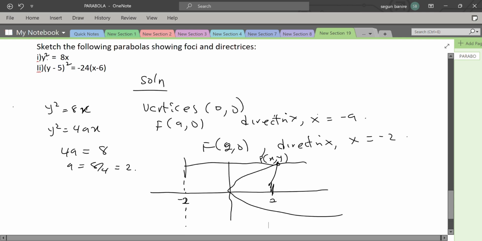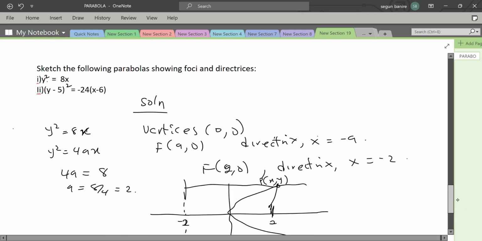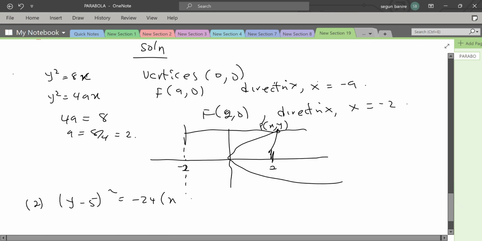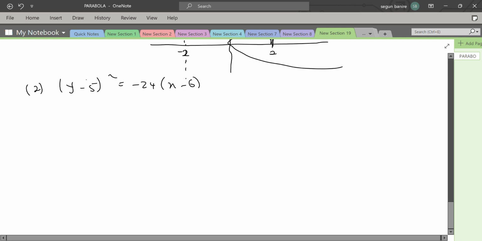All right, so moving on to question 2, we have y minus 5 all squared equals minus 24 into x minus 6. If you look at this equation, you will clearly see that this one is not at the origin. So this one looks like the formula y minus k squared equals 4a into x minus h.